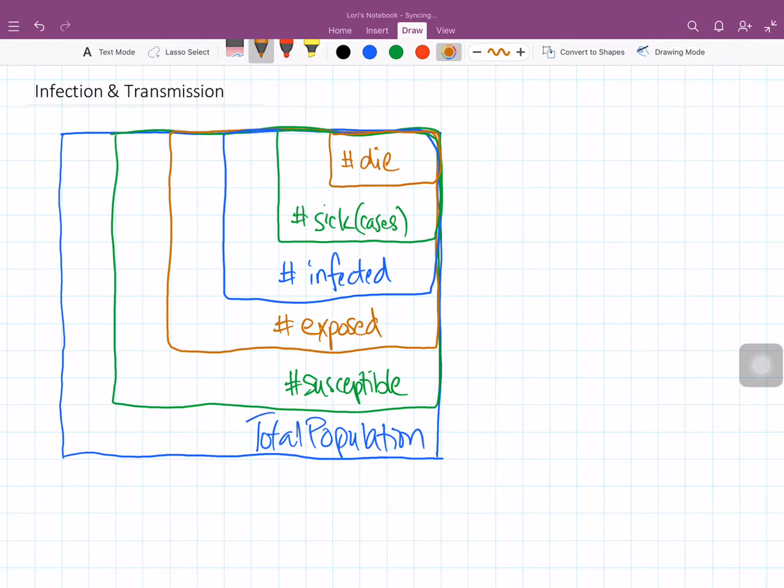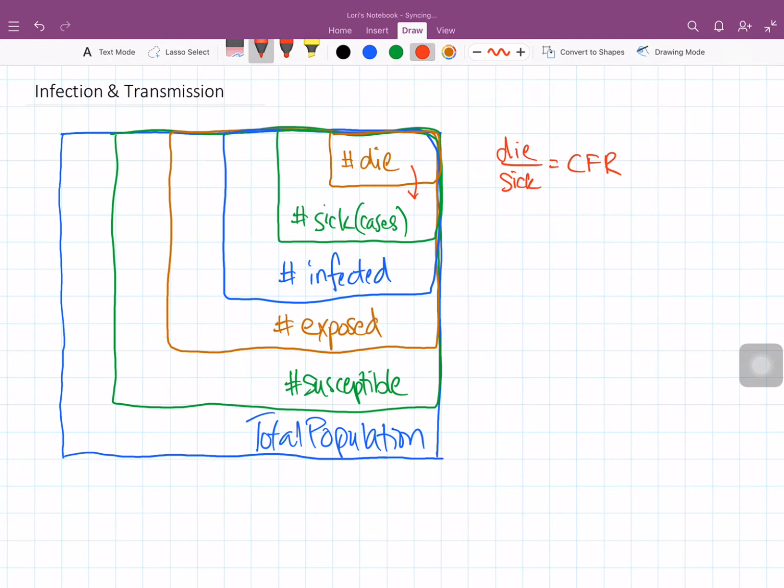And we can use these subpopulations to think about a lot of the concepts that you've learned in your particular chapter. Specifically, if you think of the number who die out of the number who are cases, that is our case fatality ratio. So die per sick equals case fatality ratio.